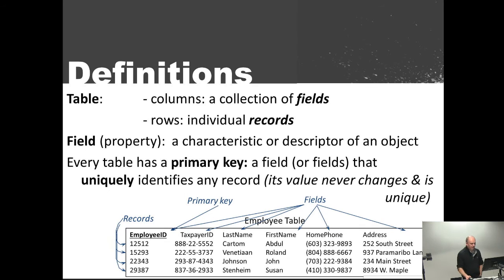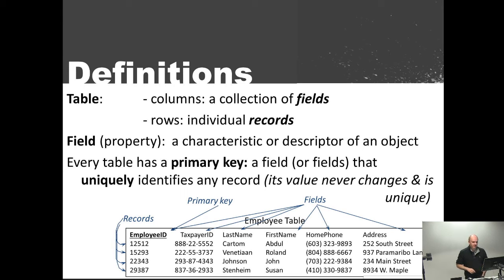For example, here we have a table for employees, and we have a field for their taxpayer ID, their last name, first name, phone number, address. So there are independent characteristics which define a specific record, in this case, a specific employee.